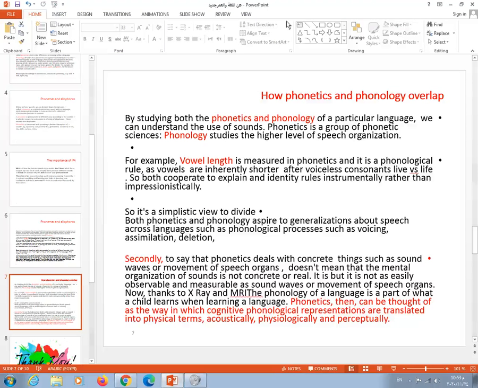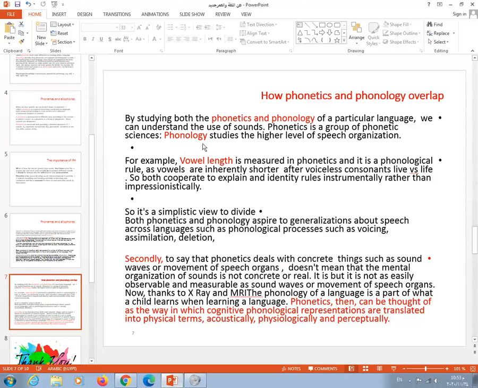How do phonetics and phonology overlap? By studying both phonetics and phonology of a particular language, we can understand the use of sounds. Phonetics is a group of sciences. Phonology also studies the higher level of speech organization.